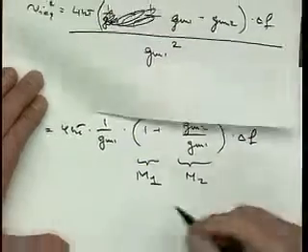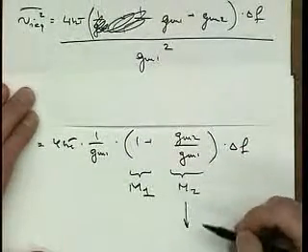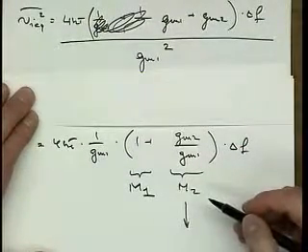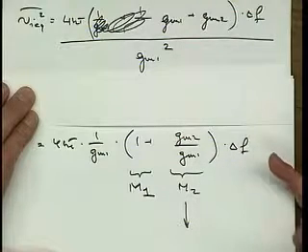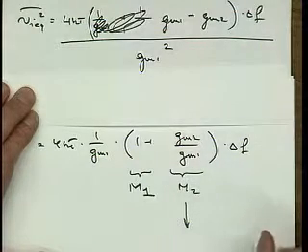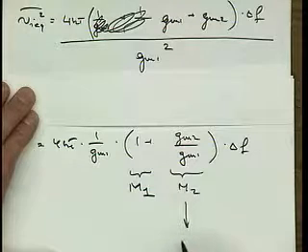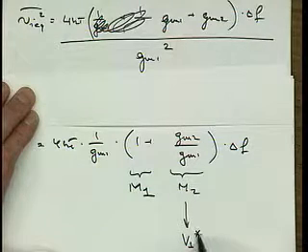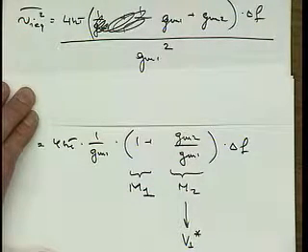Then you can go one step further and realize that, because both transistors run the same current, the ratio of the GMs is just the inverse of the ratio of the V stars. So this is equal to V1 star over V2 star.